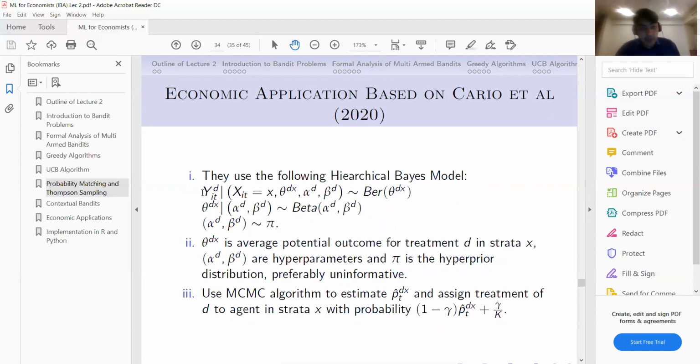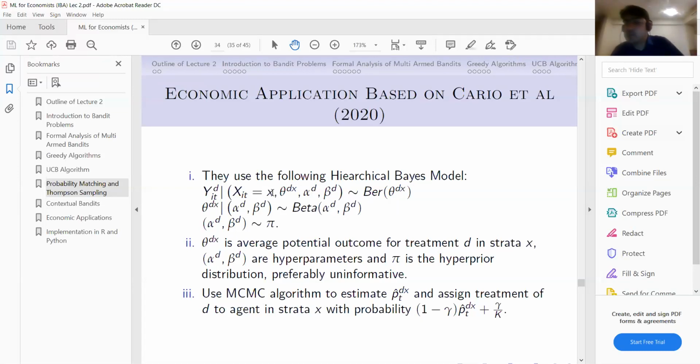So the success probability of finding a job for treatment D, where the treatments, remember, are the behavioral nudge, the cash grant, the information intervention, and the control group in which you do nothing. For treatment D, the probability of success for individual i at time t depends on, this is just a Bernoulli variable, but it's conditional on characteristics of the individual, because the probability of success can depend on the characteristics of the individual.